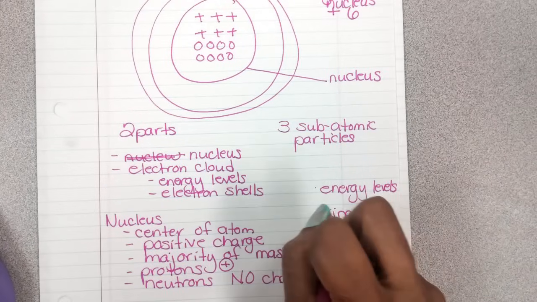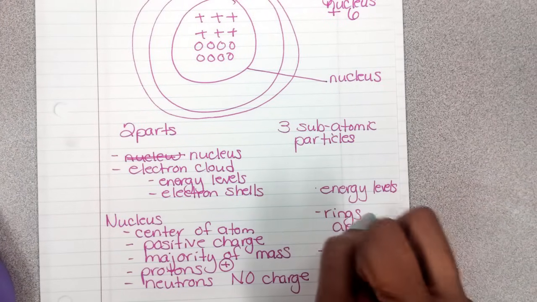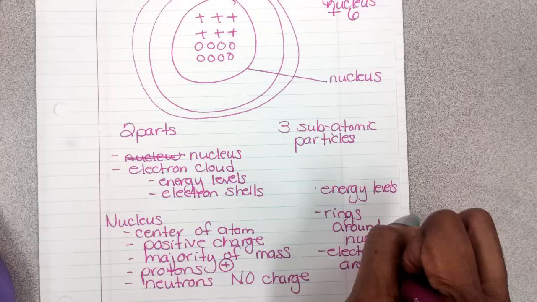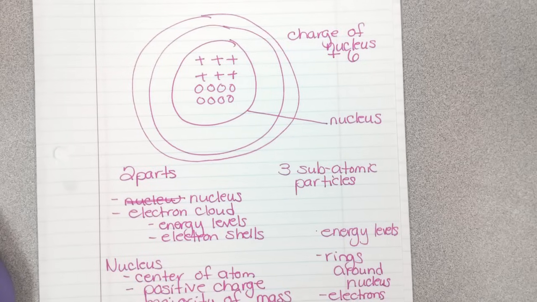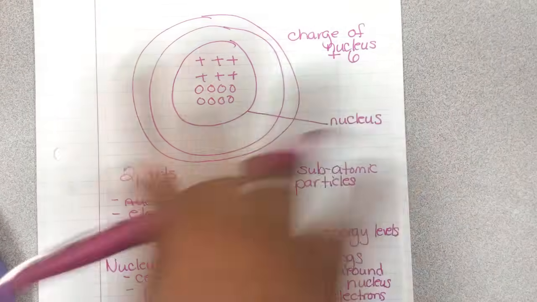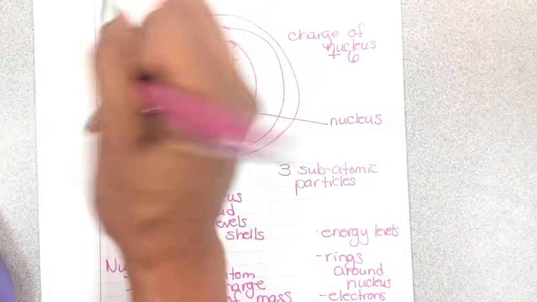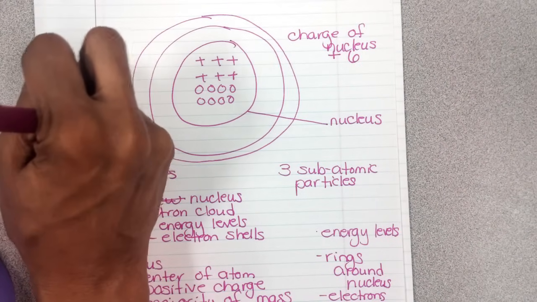And the electrons are here. So if we're going to put in our electrons to draw out this atom, these are the energy levels.